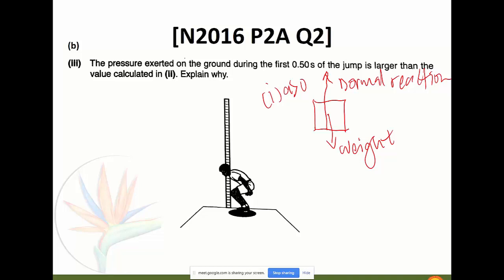Ginny, what is the resultant force that's calculated in part one? It's in the answer, right? Is it 180 Newton? Yes, it's 180 Newton, right? But how do we get that 180 Newton onto the normal reaction force?